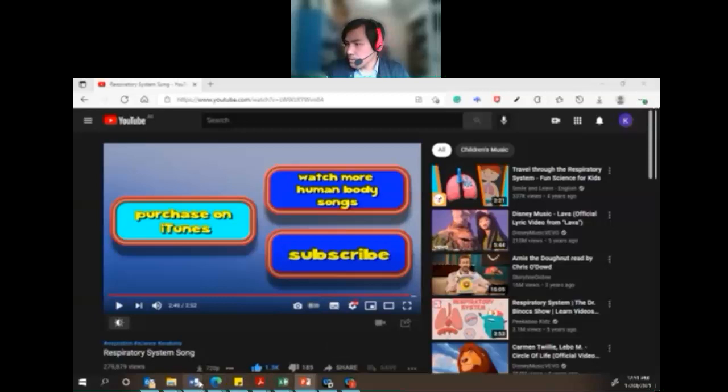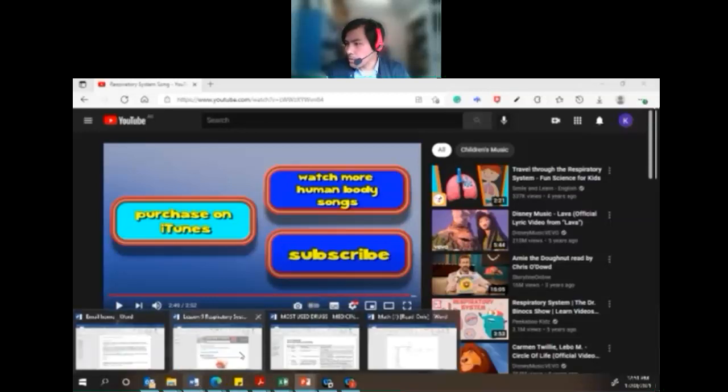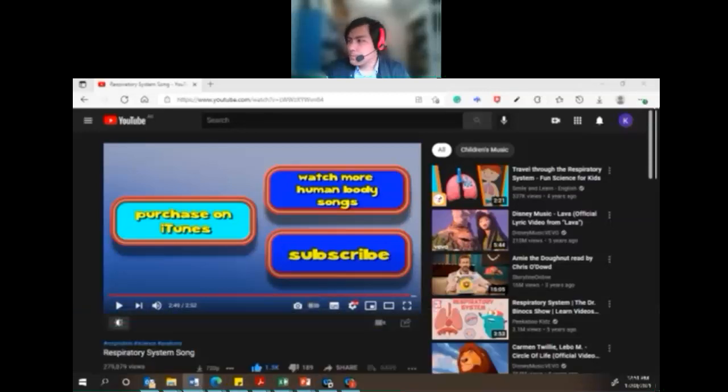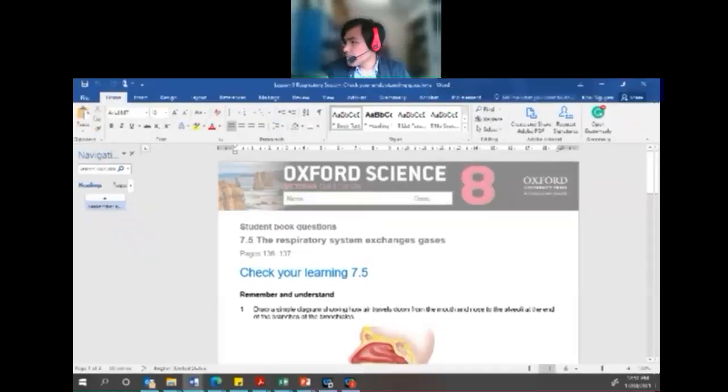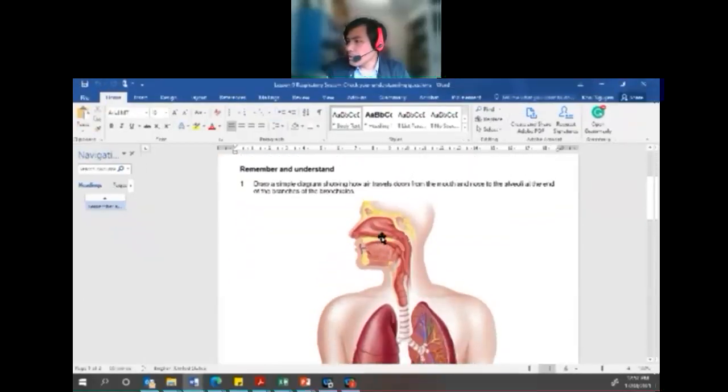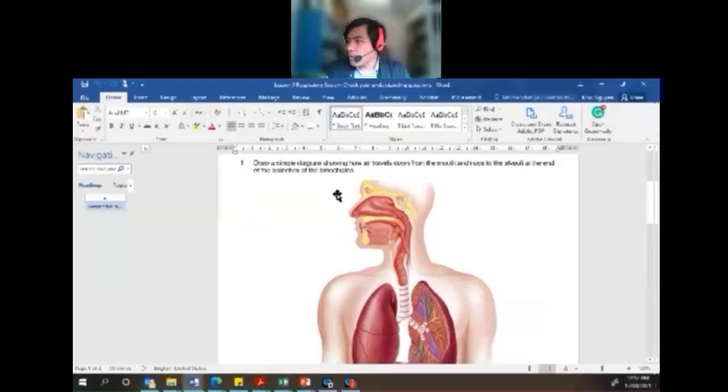So let's have a look at question 1. Here we go. This is what you would get when you download the Word document from Compass. It asks to draw a diagram to show how air travels from the mouth and nose to the alveoli at the end of the branches of the bronchioles.